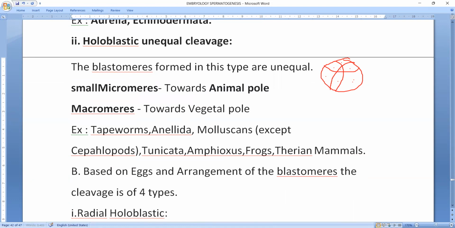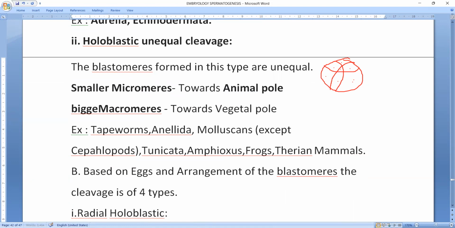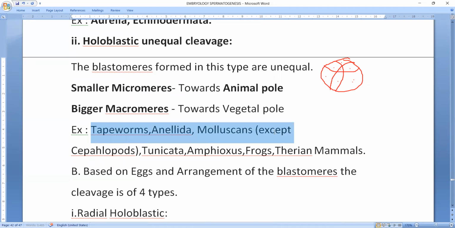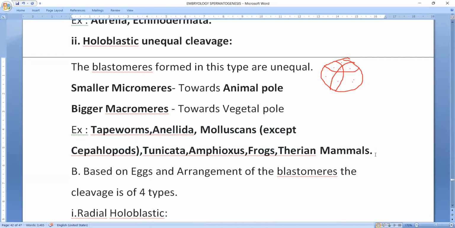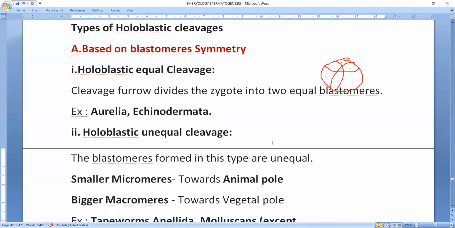Examples of holoblastic unequal cleavage: tapeworms, annelida, molluscans except cephalopoda, tunicata, amphioxus, frogs, and therian mammals, like advanced mammals. So that is one type of classification based on blastomere symmetry.